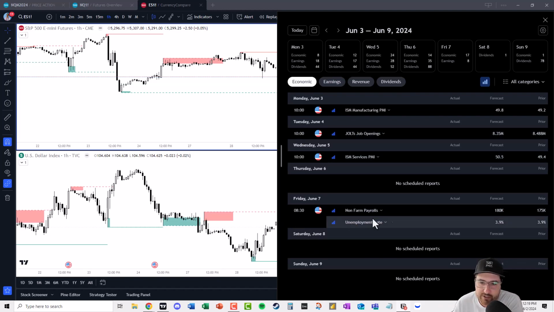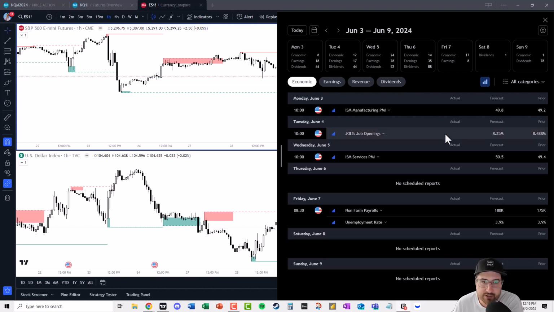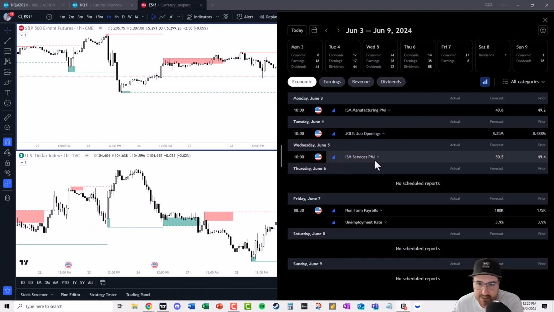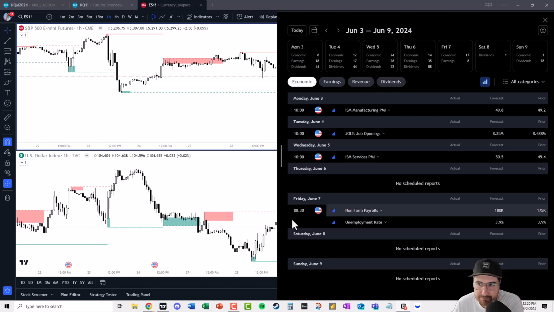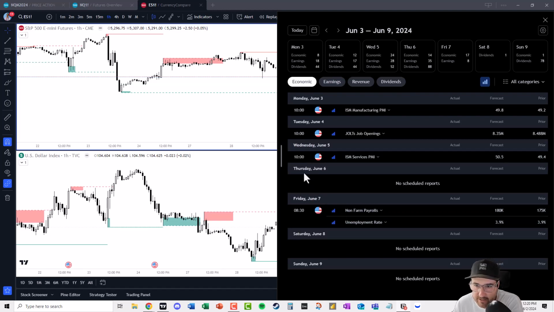I'm going to quickly go through this, and then I'll pause it so I can fill out my information. Make sure you're doing the same so you have it in your little notes. Tuesday is the job openings, same time, and then we also have the services PMI on Wednesday, same time. Then we skip Thursday, nothing big here.